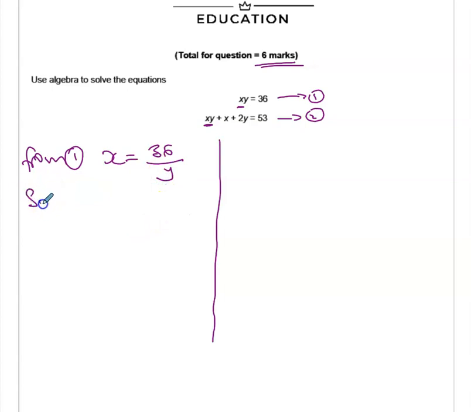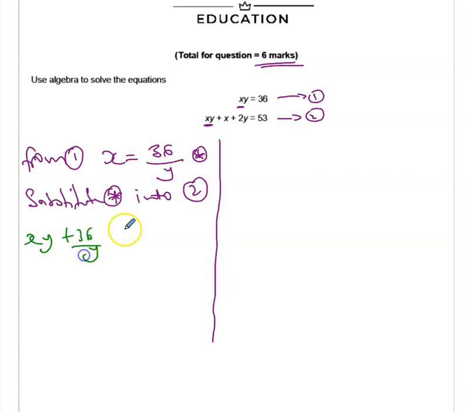Now, we're going to substitute. Let me call this asterisk. So we're going to substitute asterisk into equation 2. What does that give us? We now have xy add 36 over y add 2y equals 53.